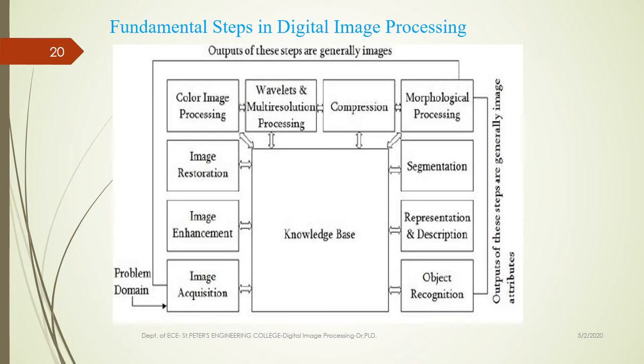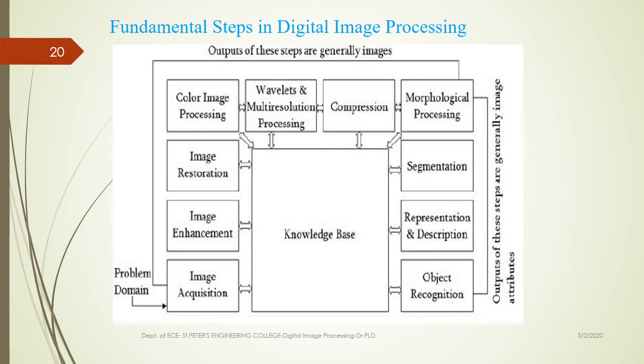The output of morphological processing goes to segmentation, representation and description, as well as object recognition. These four blocks belong to another category, where the outputs of these steps are generally image attributes. That is, image features or some parameters extracted from these processings: morphological processing, segmentation, representation and description, and object recognition.